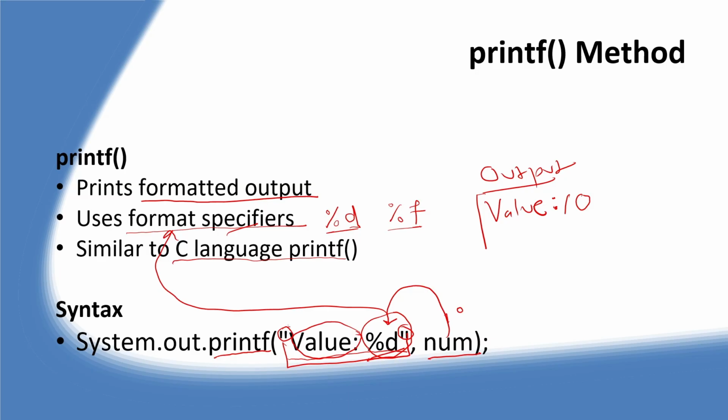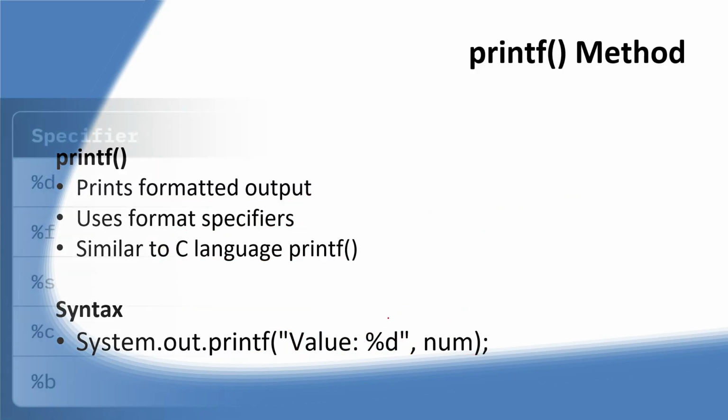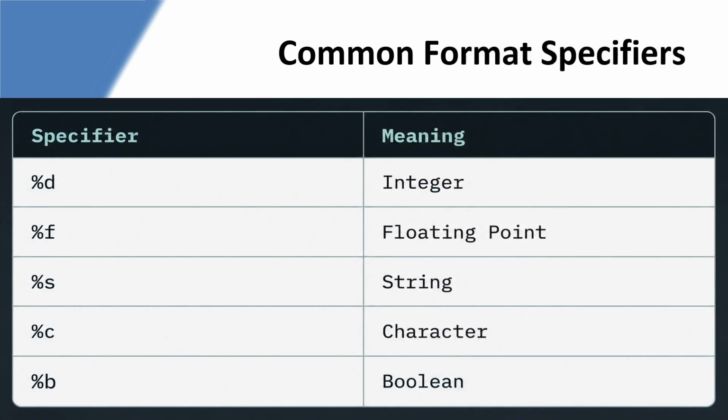So let's see some format specifiers. These are the common format specifiers. If you see, %d is used for integer. If you are using %d inside a string, then we will pass an integer value. The variable will be of integer type.